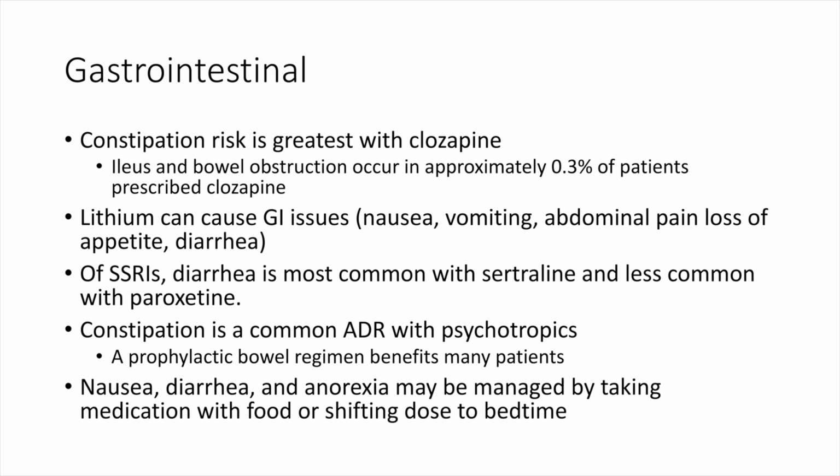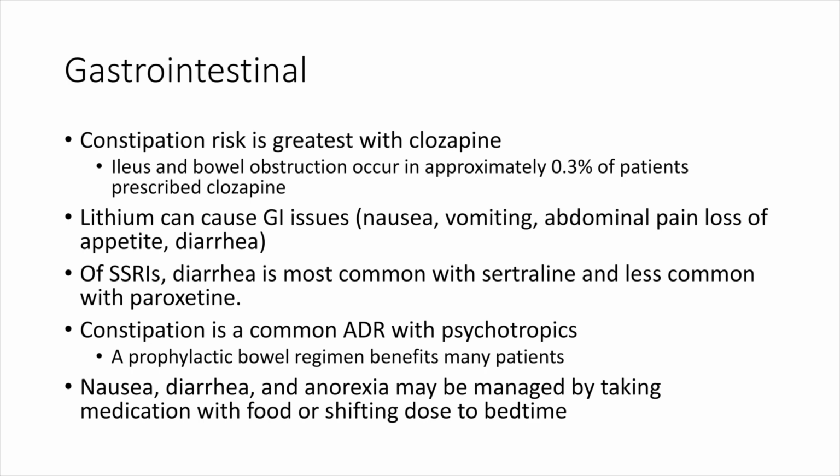Lithium can cause GI issues as well. Nausea, vomiting, abdominal pain, loss of appetite, and diarrhea, especially when it goes over the therapeutic range. Of the SSRIs, diarrhea is most common with sertraline and is less common with paroxetine.